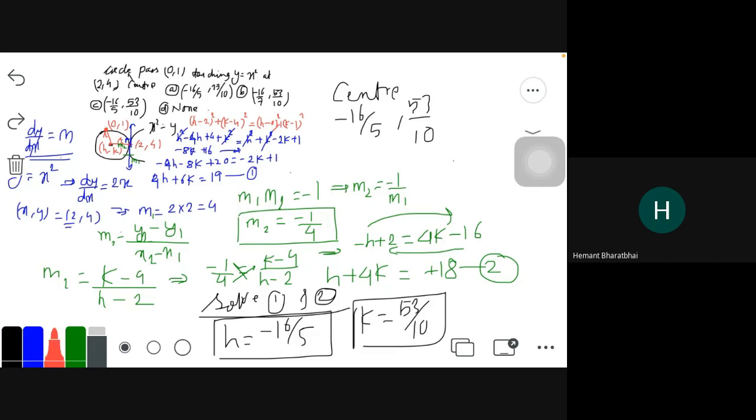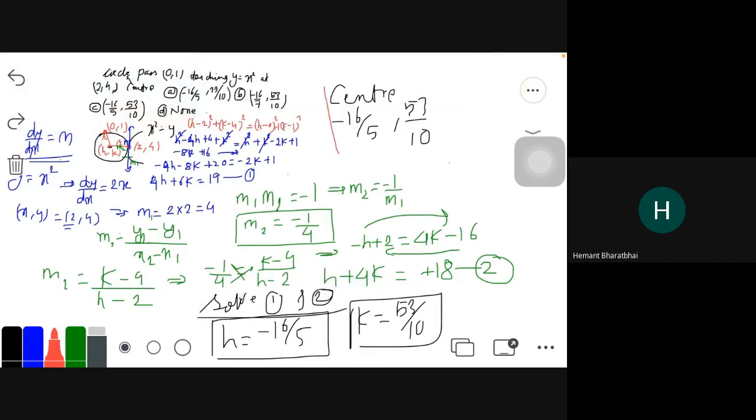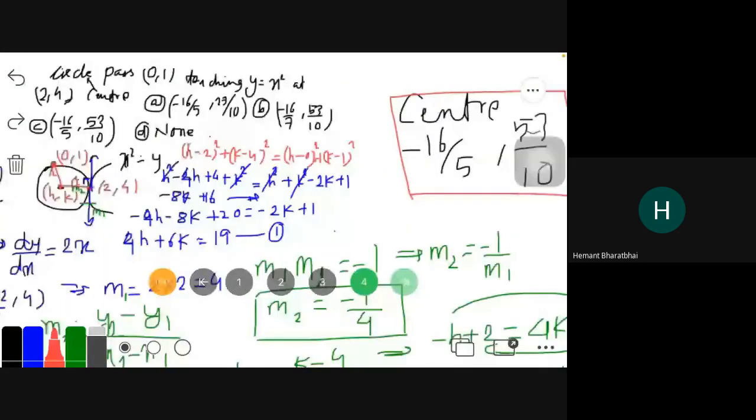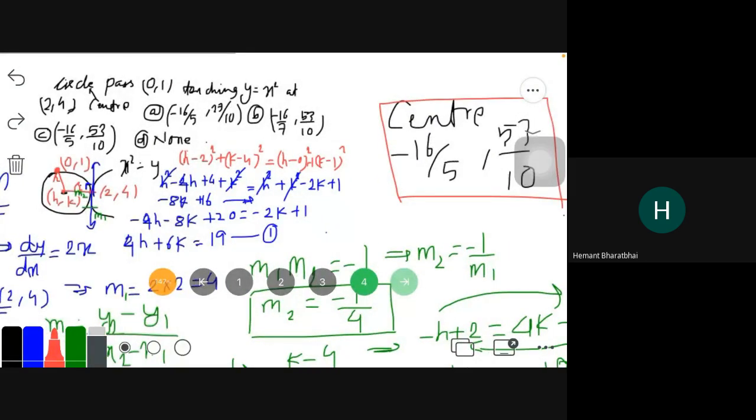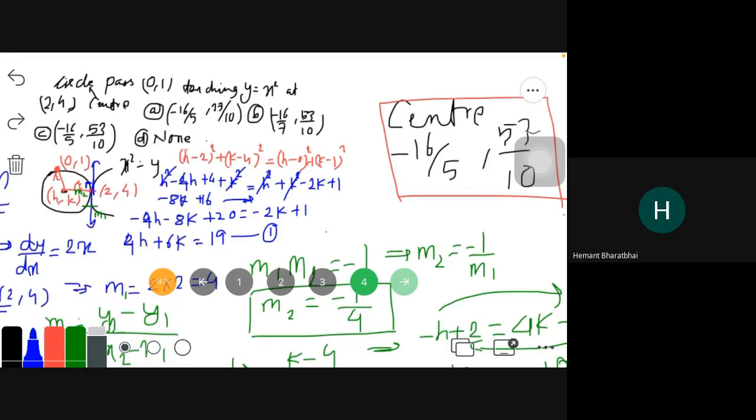So let's see which option is matching. In the question, minus 16 by 5, A and C, 53 by 10. So it is matching with option C. So option C is my answer, minus 16 by 5 comma 53 by 10.